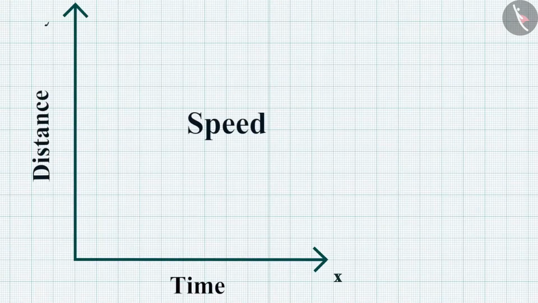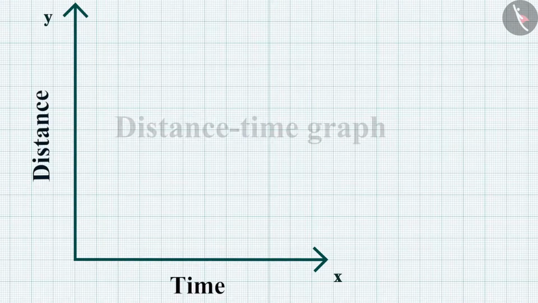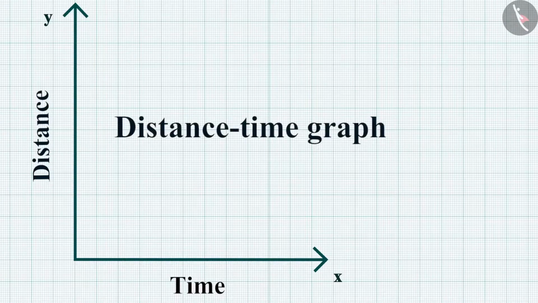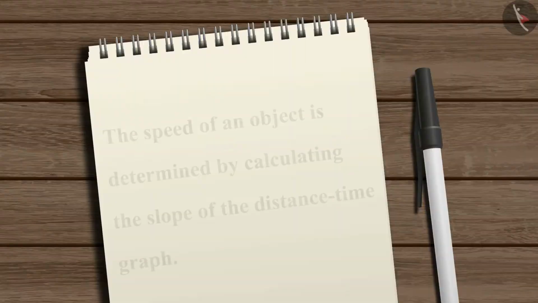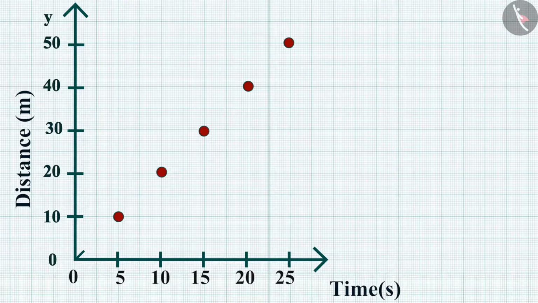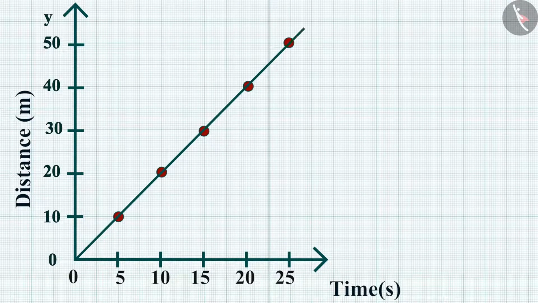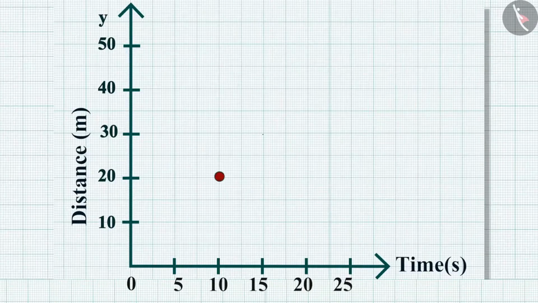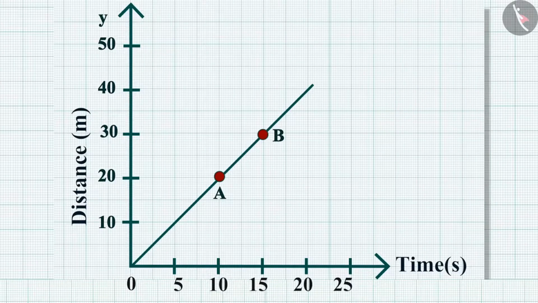We can also determine the speed of an object from the distance-time graph. The speed of an object is determined by calculating the slope of the distance-time graph. Let's calculate the speed of an object in the previous distance-time graph. Choose 2 points A and B on the graph.